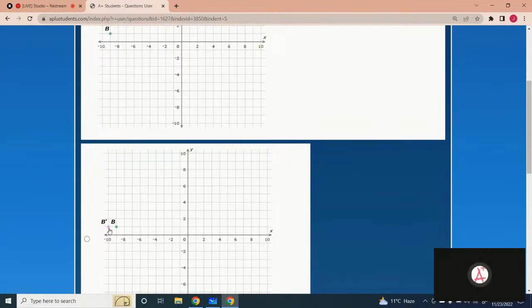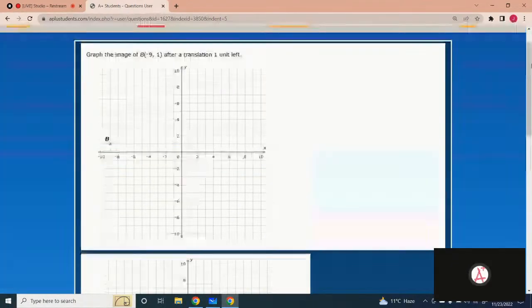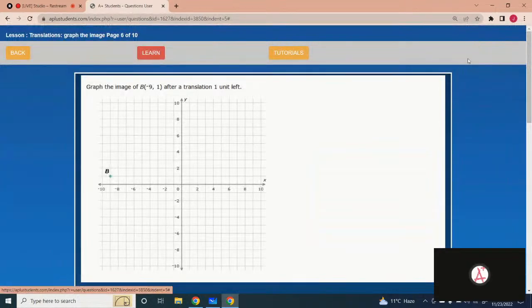It would be negative 10 and 1. Okay. So select the correct option and click on the OK button.